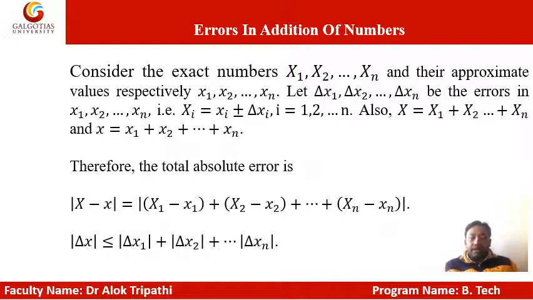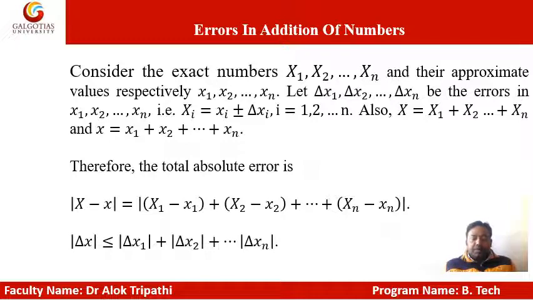So we are getting mod of X minus x, this is equal to mod of X1 minus small x1 plus X2 minus small x2 up to Xn minus small xn. Now using the property of absolute value function, we shall get here capital X minus x. This will give you the error in small x.